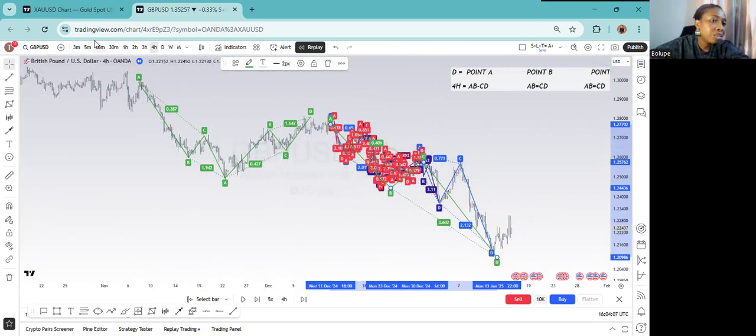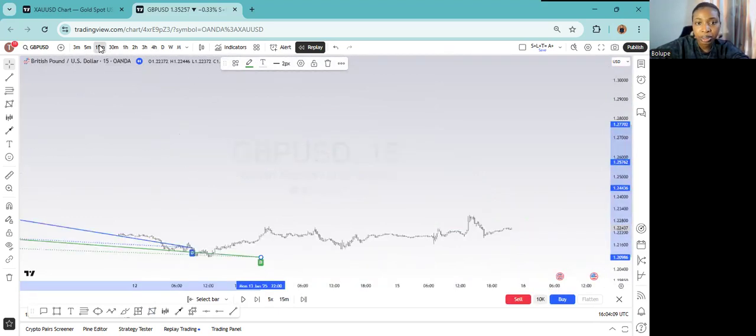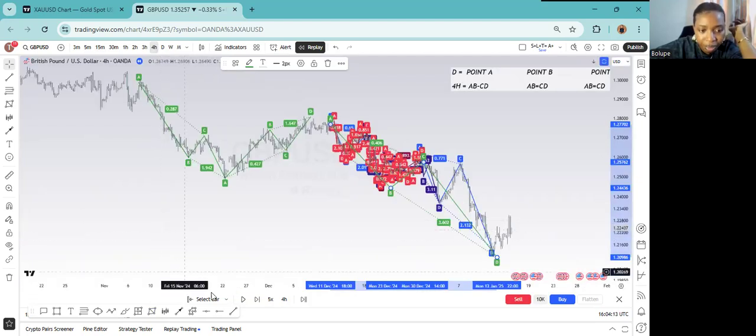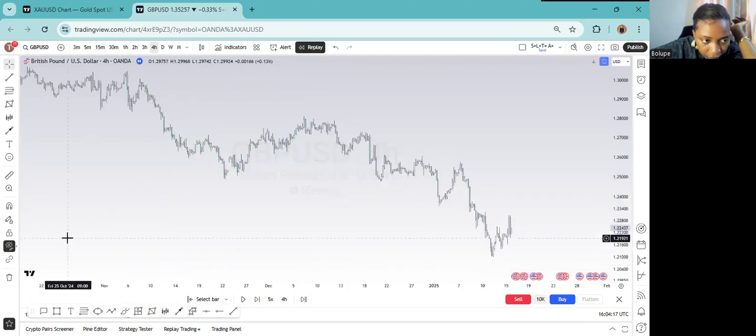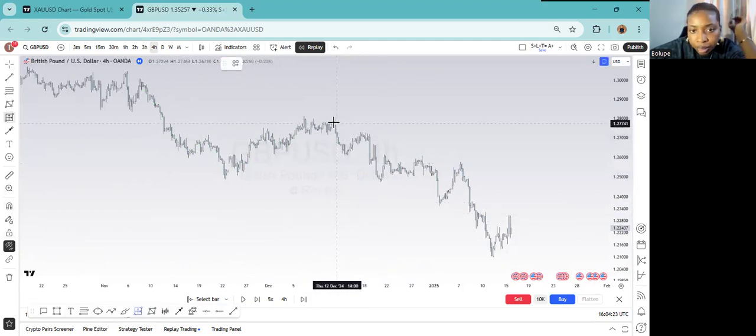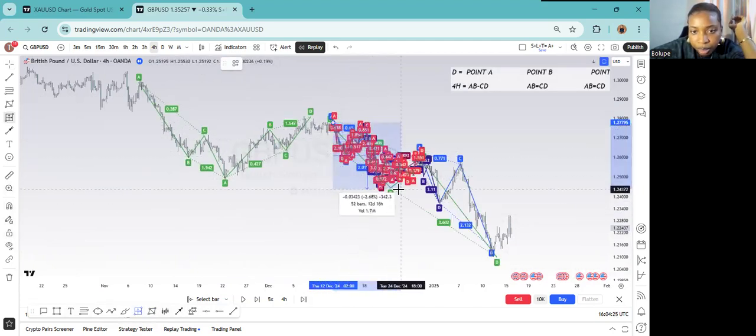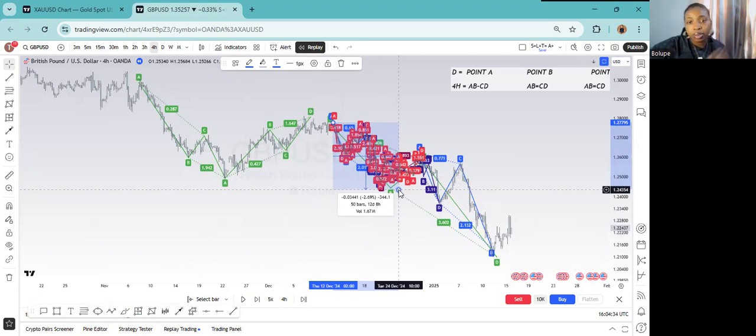But do you want to tell me? Let's go back and measure the pips. First of all, measure the pips here. Okay. 344 pips, right?